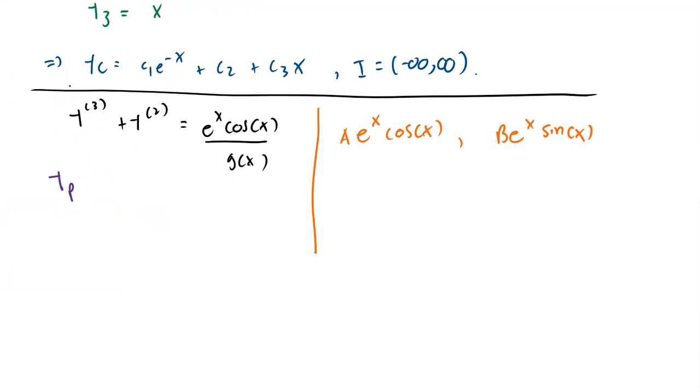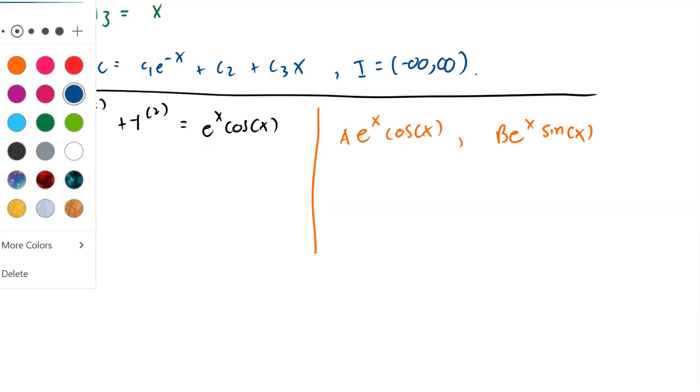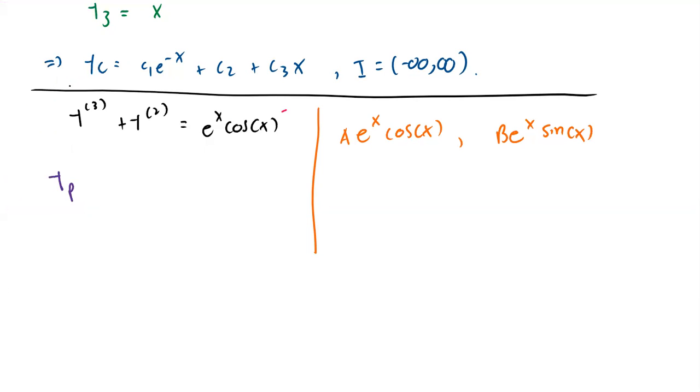And let me do something here because this looks like I'm dividing by g of x, which I'm not doing. So this is our g of x. Again, you can take derivatives as an exercise. You can verify that all terms that you get either have the form a constant times e to the x times cosine x, or a constant times e to the x sine x.